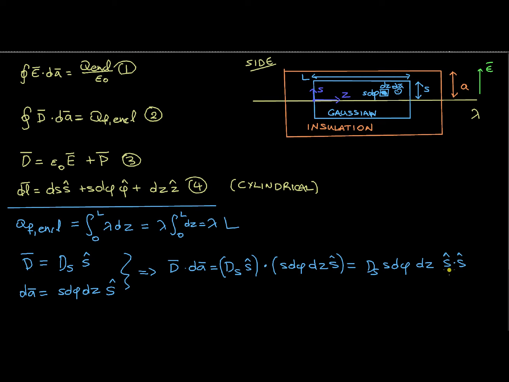When you find the dot product between those two vectors, you get 1. Both of them have a magnitude of 1 and they point in the same direction, so the dot product will be 1. Now that I found the dot product, I need to use this on the left side of equation 2.